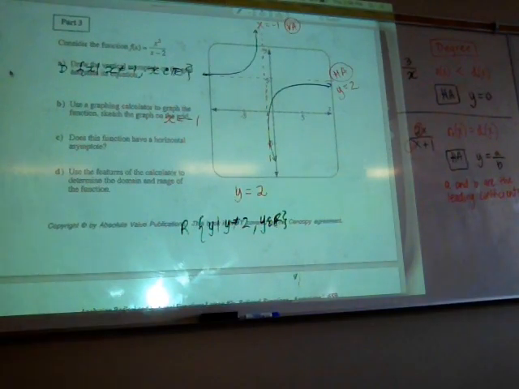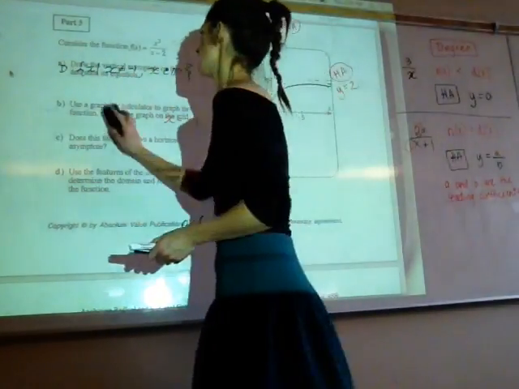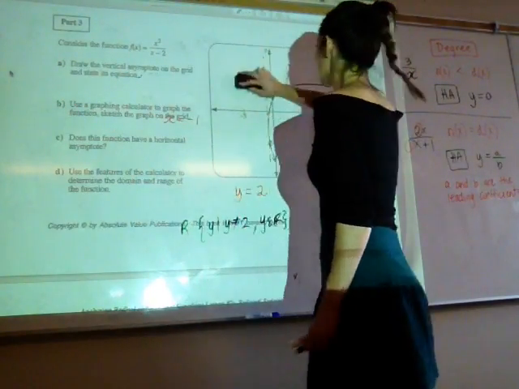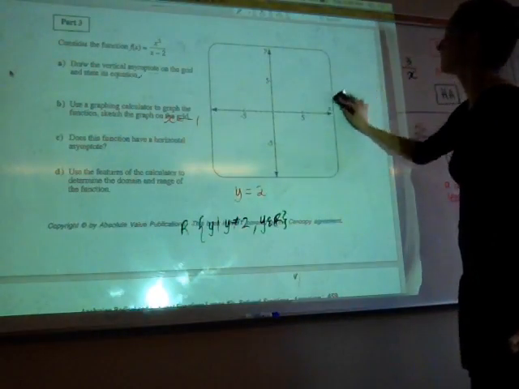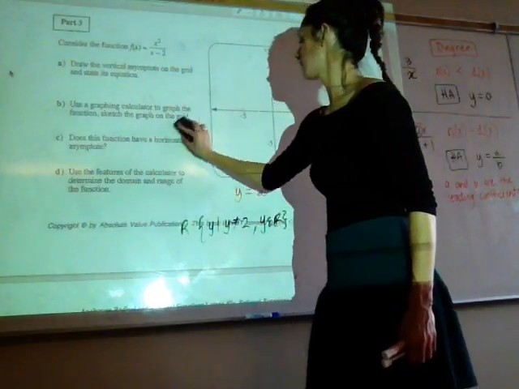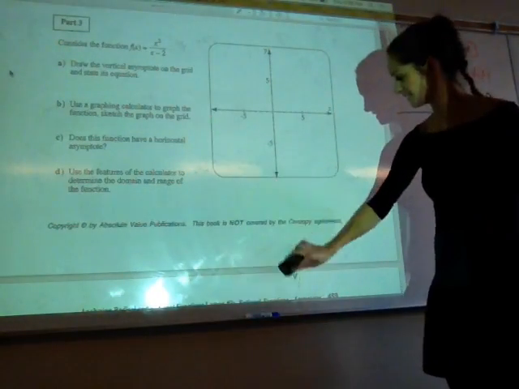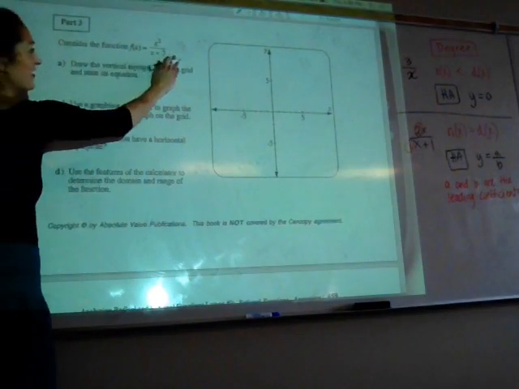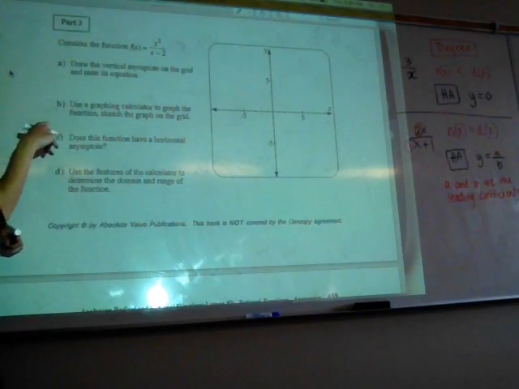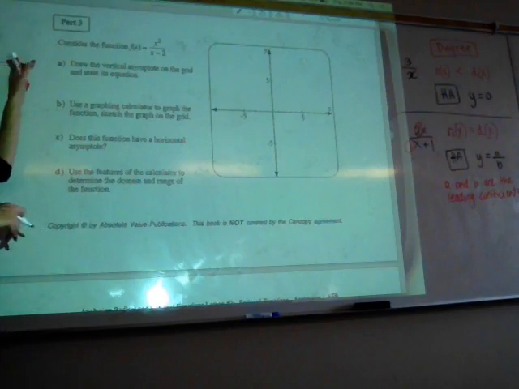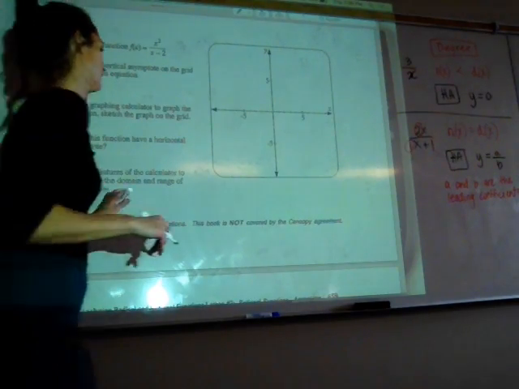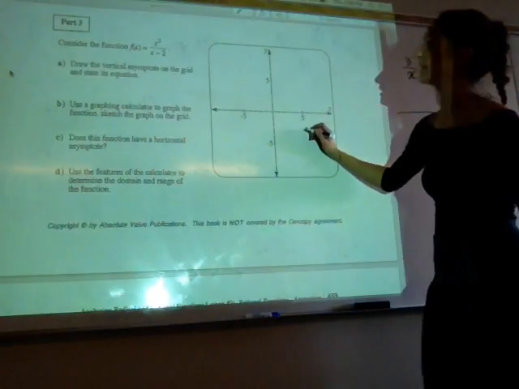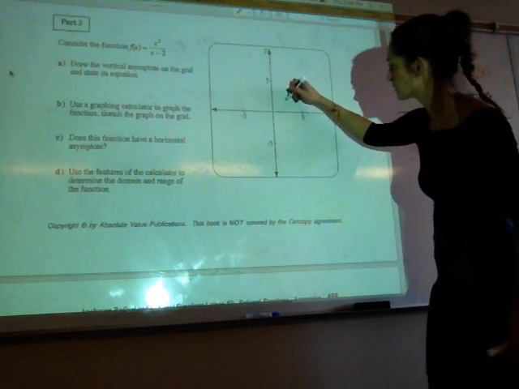Third scenario, we have x squared divided by x minus 2. What's the restriction on the denominator? You must know this well, because you're getting bored of it. We have x cannot equal 2. So let's just draw the vertical asymptote to start.